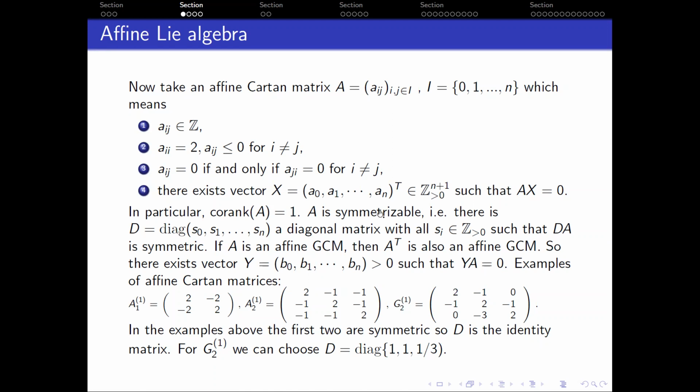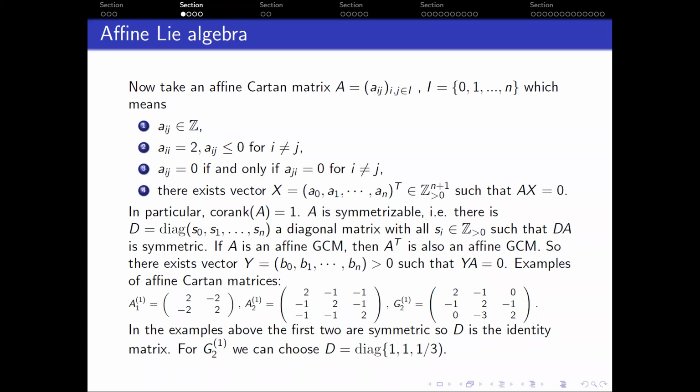It is a symmetrizable matrix in the sense that there exists a non-singular diagonal matrix D such that DA is symmetric. And if A is an affine Cartan matrix, I wrote GCM here, I am just referring to an affine Cartan matrix, then the transpose is also an affine Cartan matrix.